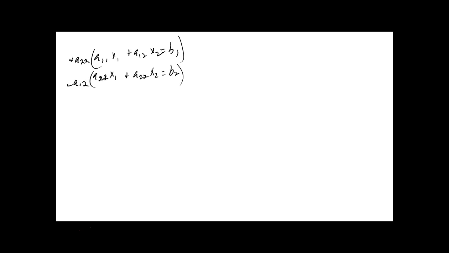If you did that, what you wind up with is a11 a22 x1 plus a12 a22 x2 is equal to a22 b1.